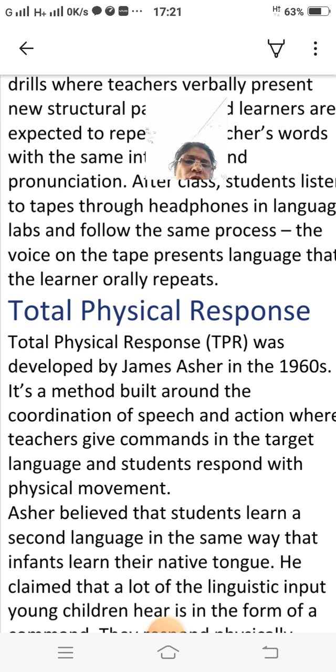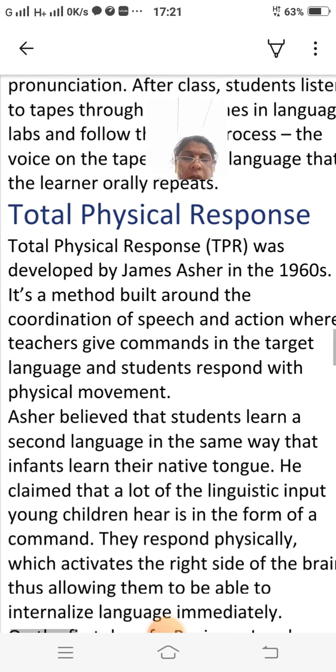Asher believed that students learn a second language in the same way that infants learn their native tongue. He claimed that a lot of the linguistic input young children hear is in the form of a command.